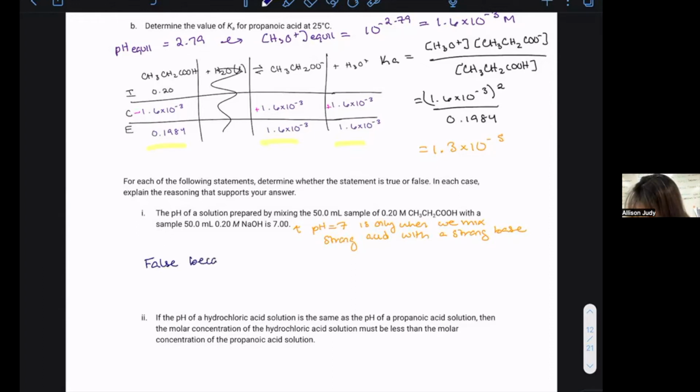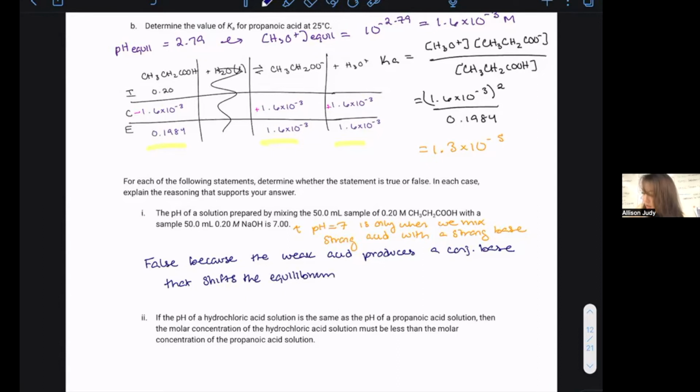Because the weak acid produces a conjugate base that shifts the equilibrium toward a pH greater than 7 at equivalence.